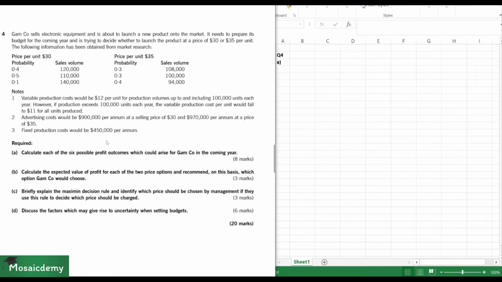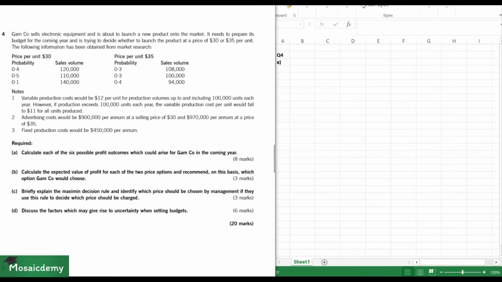And then they've given us notes, which is information on how we're going to make our payoff table. So variable cost would be $12 for production volumes up to and including 100 units each year. However, if the production exceeds 100 units, the variable cost would fall to $11.